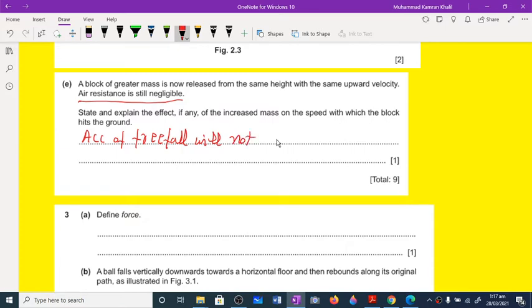So it means that there is no effect of increasing the mass on the speed of the block. There is no effect on the speed of the block if we change its mass, because whenever air resistance is present, there will be a resistive force which will act on the block.